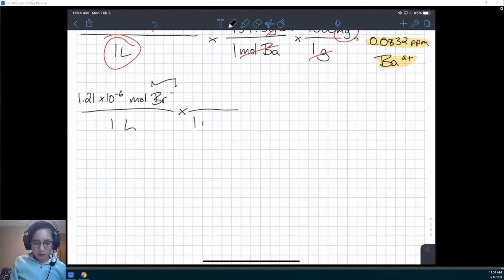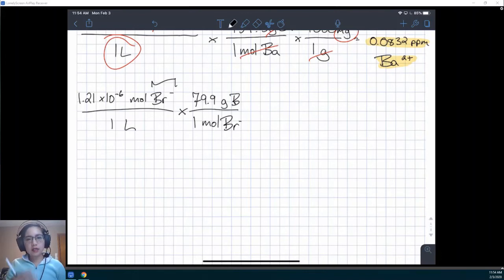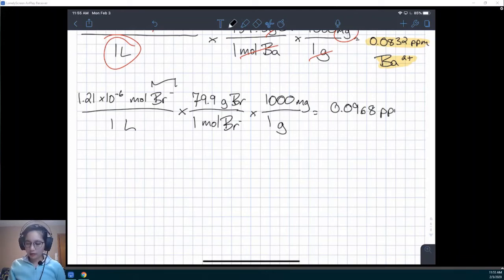So 1 mole of bromide is equal to 79.9 grams of bromide. Again, to get to ppm, we need it to be in milligrams per liter, so let's go from grams to milligrams. 1 gram, 1,000 milligrams. Plug that into your calculator, and you get 0.0968 ppm of bromide. And there is your second answer.